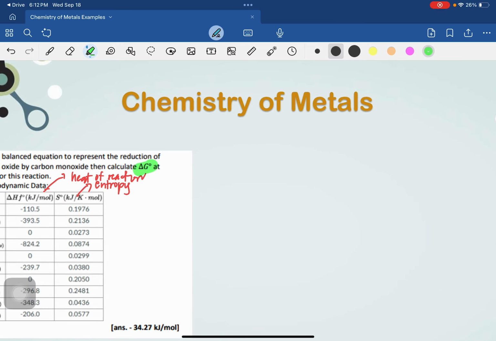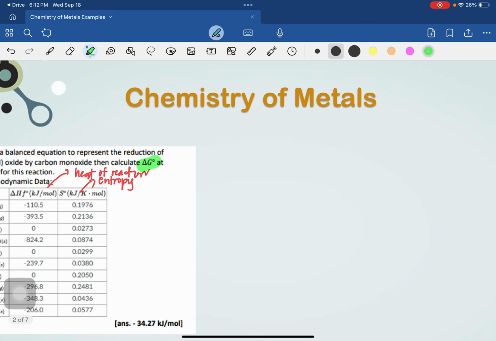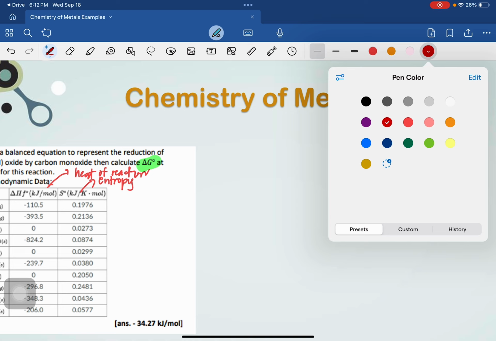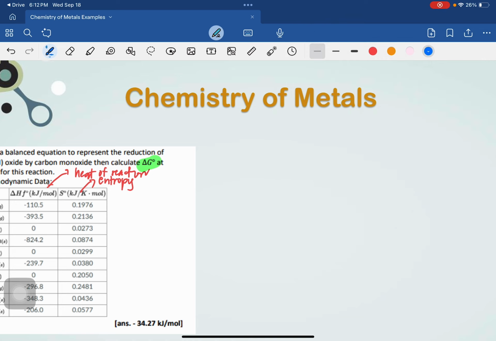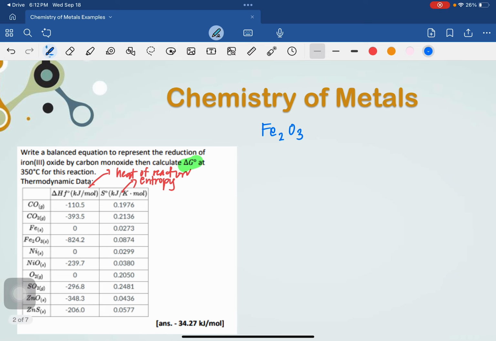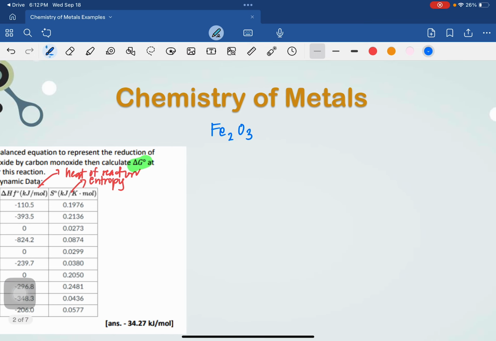So ferric oxide is actually, let's just change pen color here. That will be better. Ferric oxide, or iron 3 oxide. And then it says by carbon monoxide. So we have to make it react with carbon monoxide.